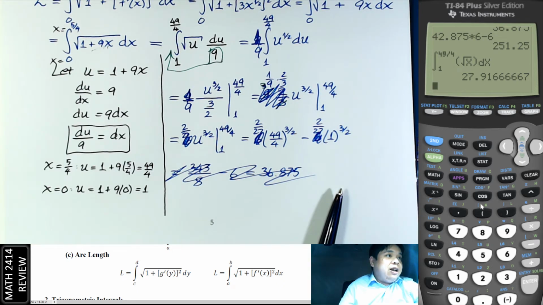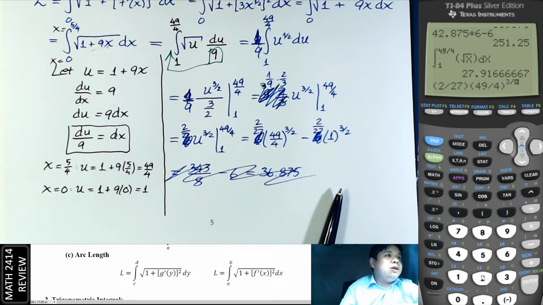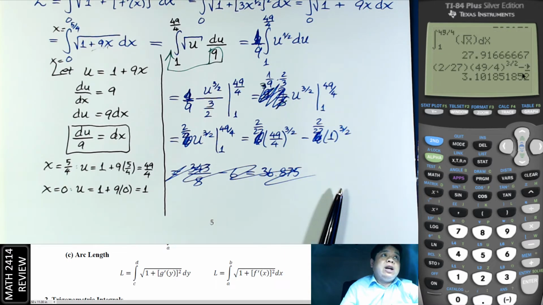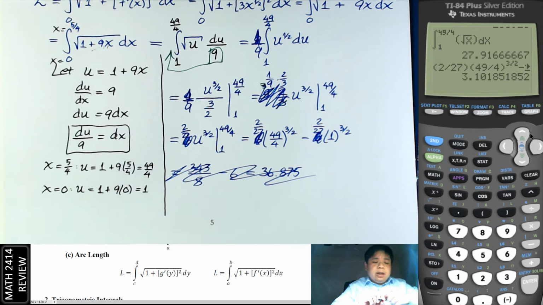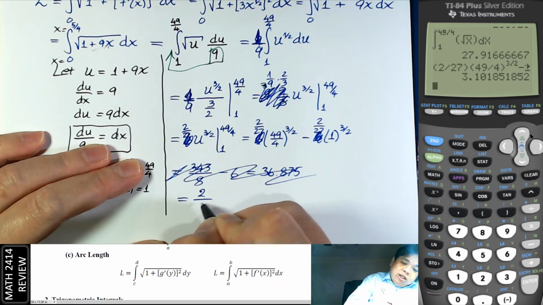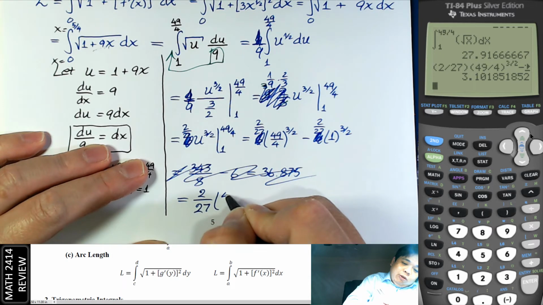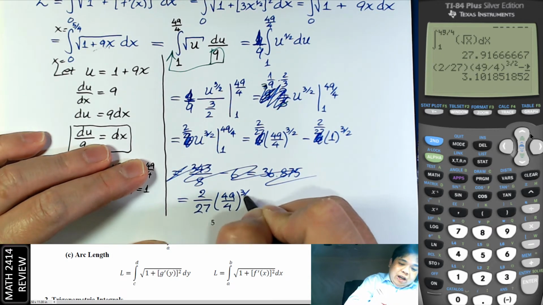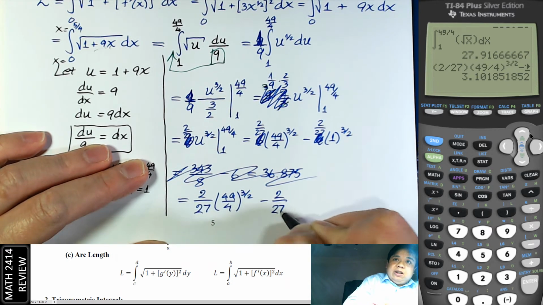Right, let's do that again. 2 over 27 times 49 over 4 to the 3 halves, minus 2 over 27. Right, we should get the same thing as before. So that's good. So let me write this again. 2 over 27 times 49 over 4 to the 3 halves, minus 2 over 27.